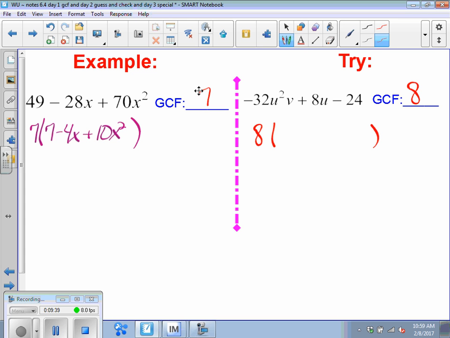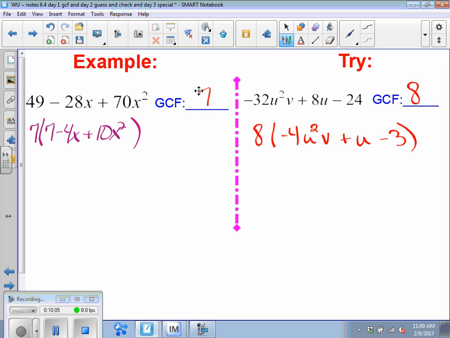What's my first term? Negative 4u squared v, because when I multiply this, I get that back. Okay? I'm going to run out of room. Now, my next term. Good, plus u, and then minus 3. Perfect. And when I look here, there's nothing else that's common. Okay?